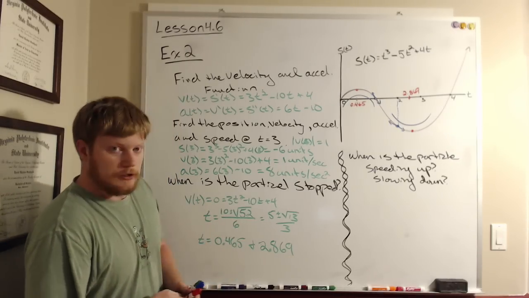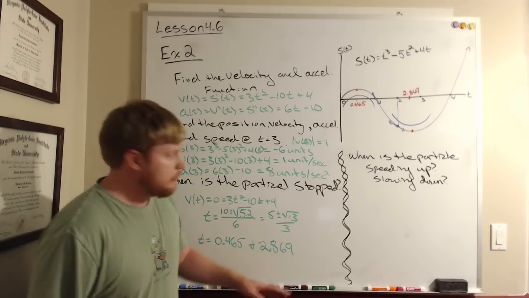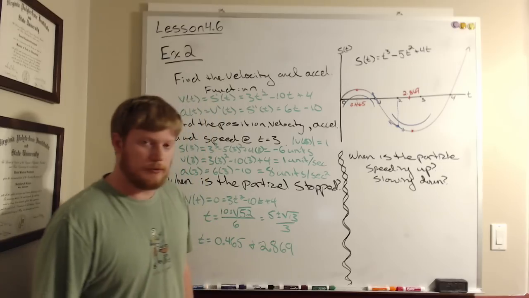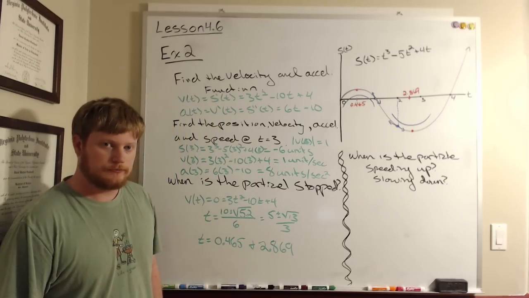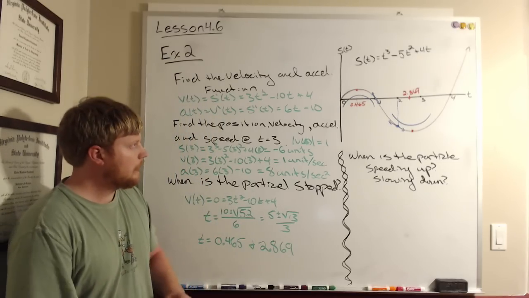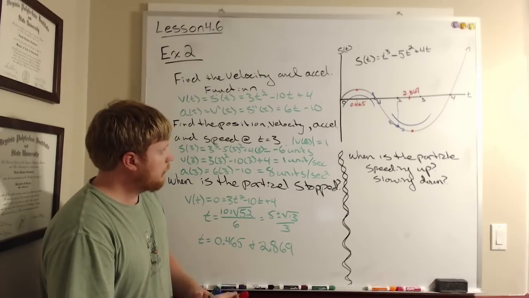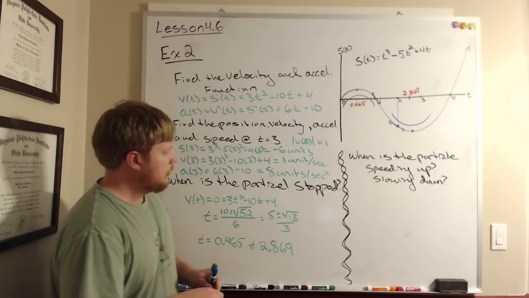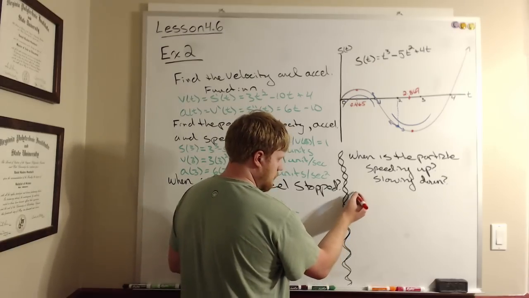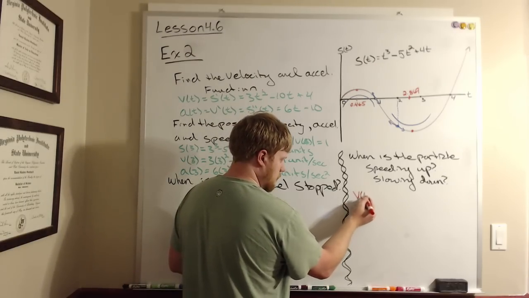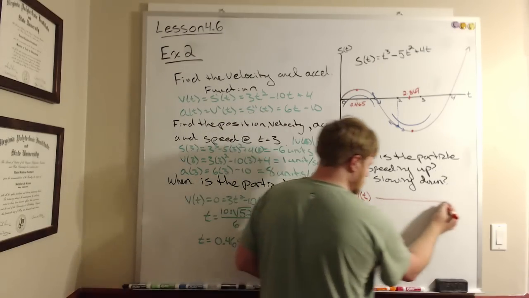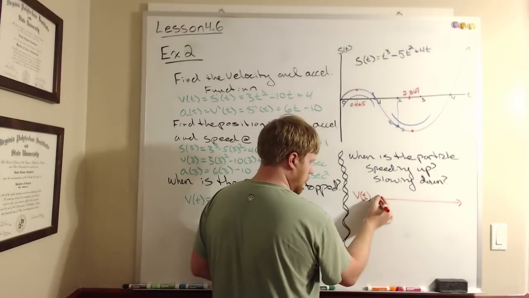Now, the big question is, when is the particle speeding up and when is the particle slowing down? Well, we can look at the velocity on a number line.